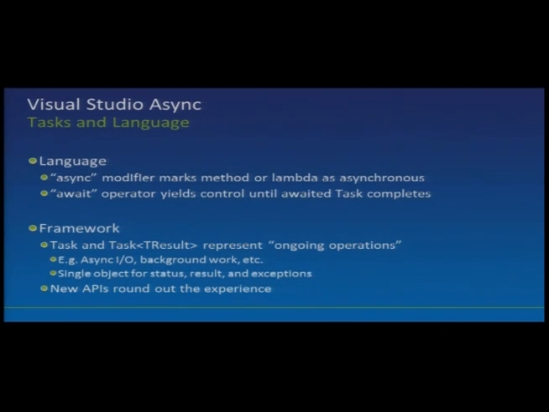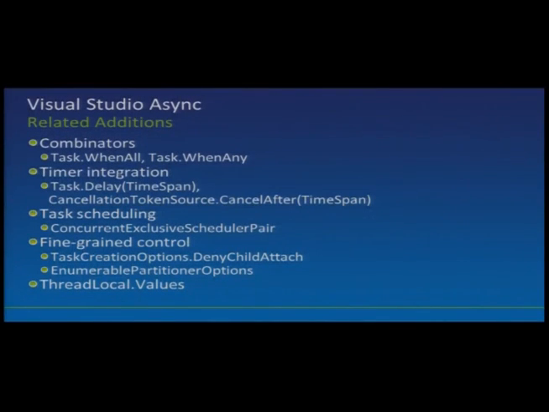So a task can represent either long-running background work, or it can represent I/O operations, or network operations, or other asynchronous operations. And there are also new APIs in the task parallel library that fit nicely with Visual Studio Async and make it more convenient to use it.